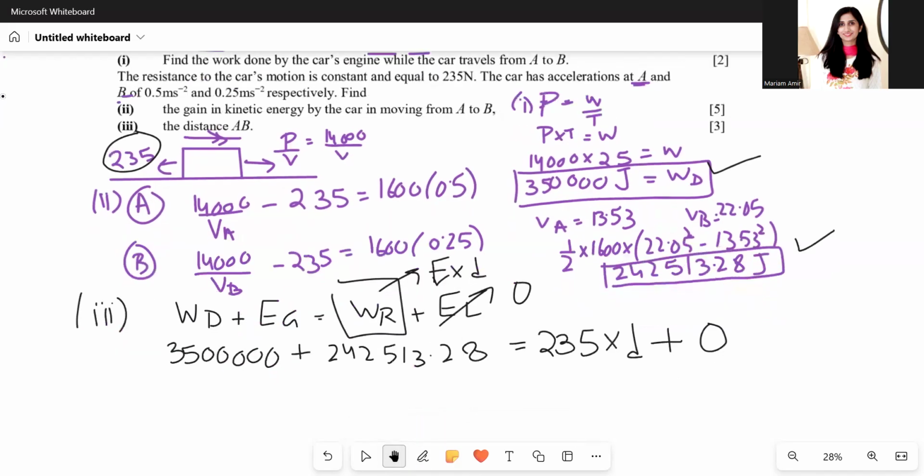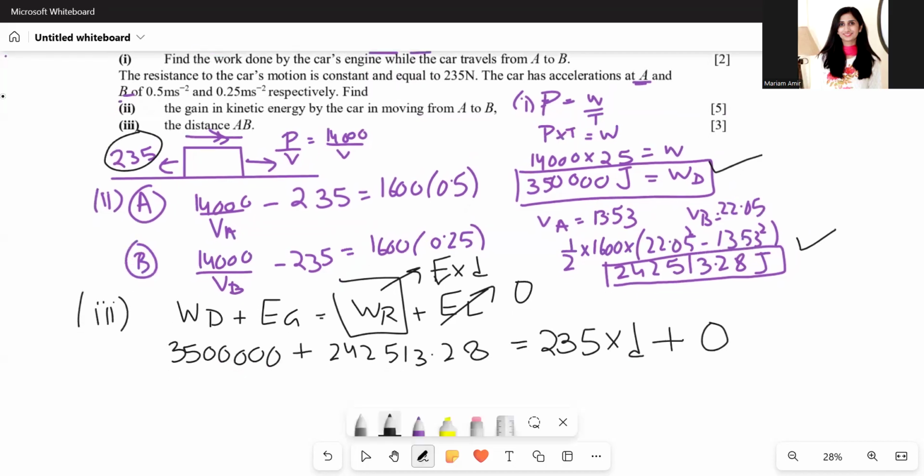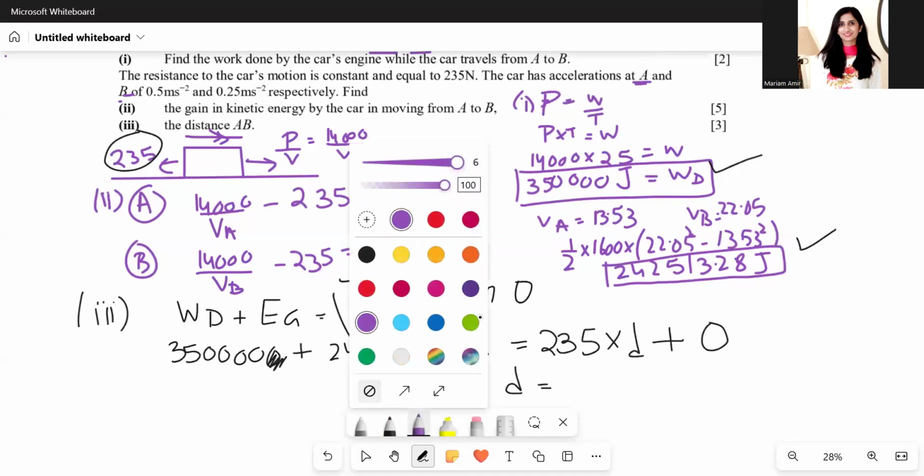Now you make D the subject here and get its value. There's a big blunder here, very big blunder.